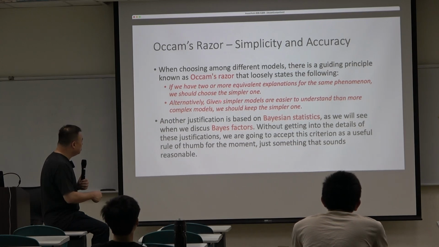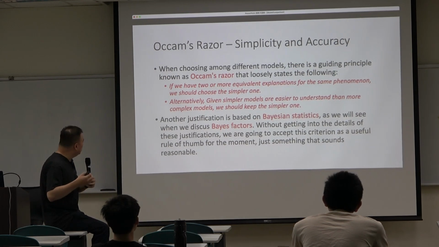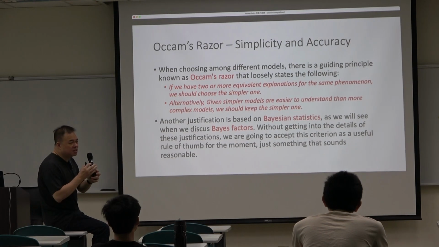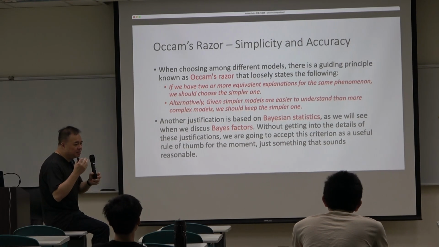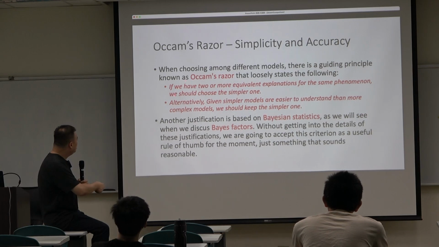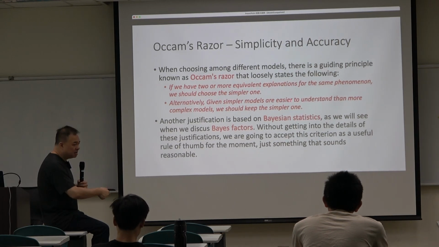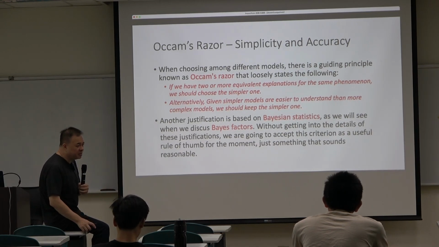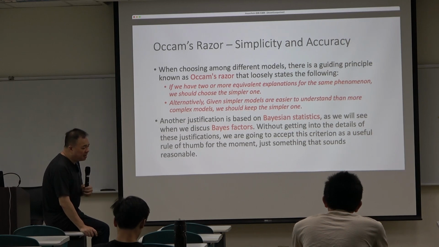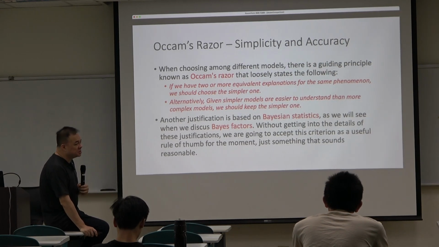If we have two or more equivalent explanations for the same phenomenon, if you have more than two explanations for the same phenomenon, then we should choose the simpler one. The simpler explanation for a phenomenon is preferred.